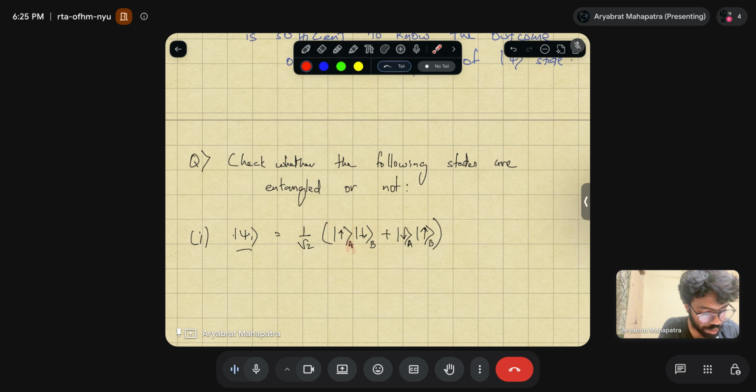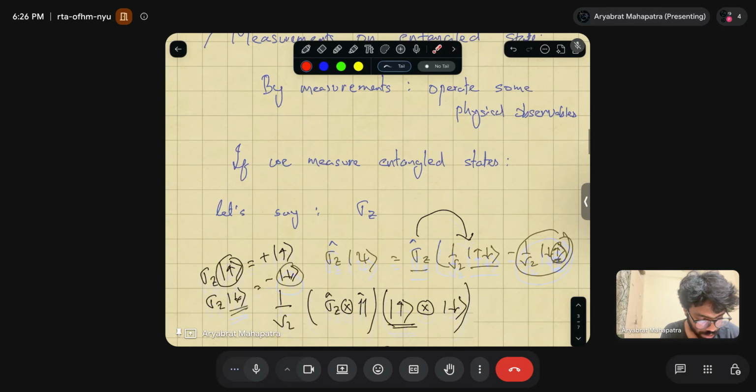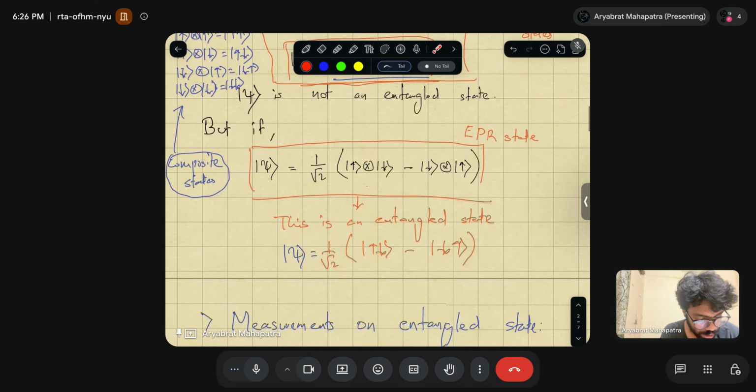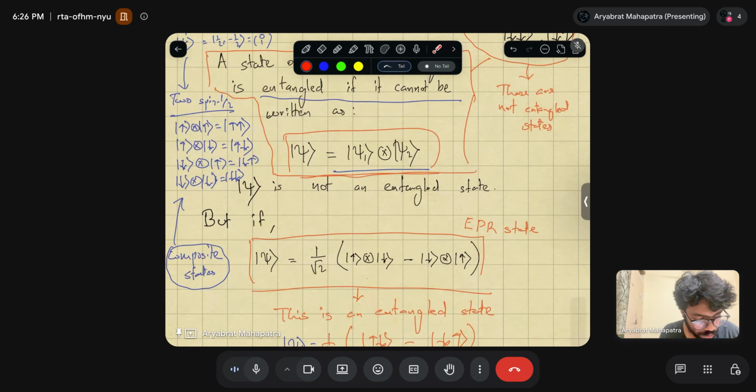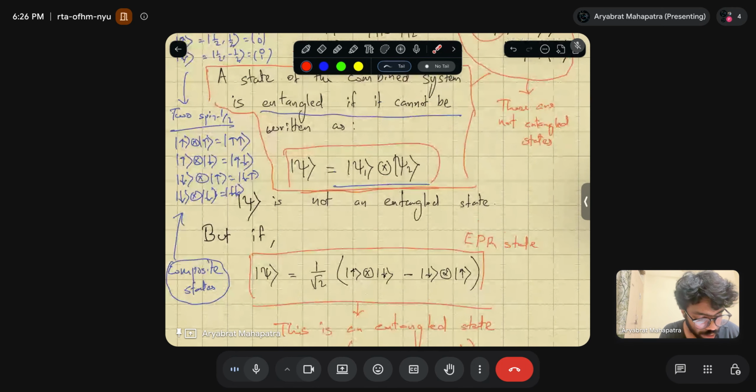I will come to that. Let's say we have psi 1 right here. We have to find out whether this is an entangled state or not. So first we can go to the first idea, as I said. When we have just a product state, like psi 1 tensor product psi 2, that is not entangled.